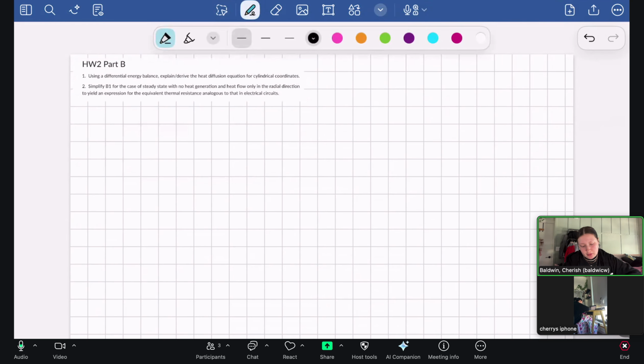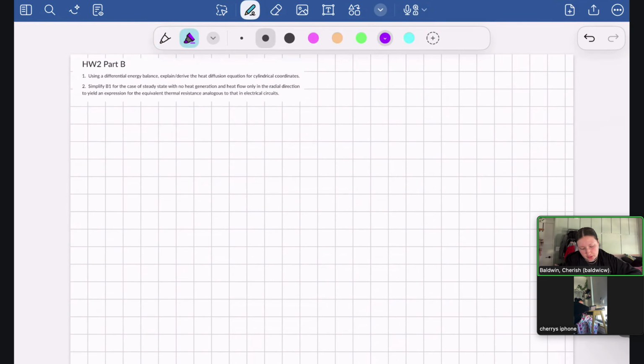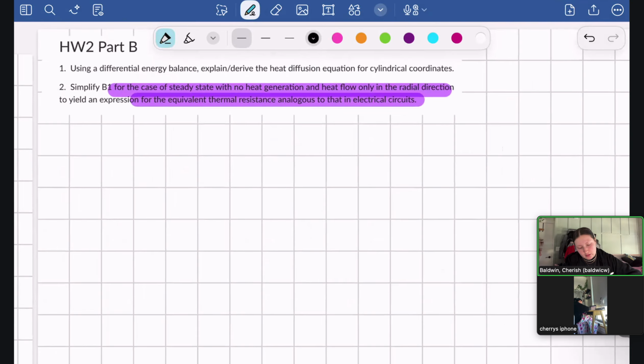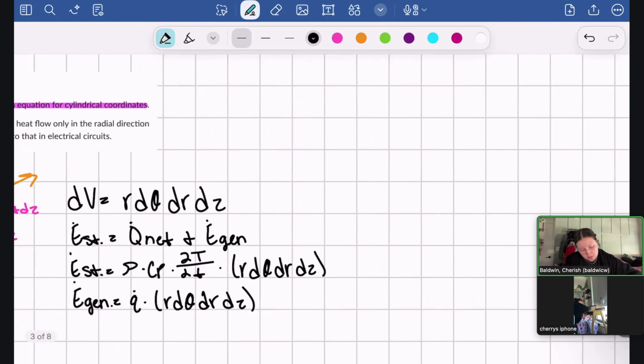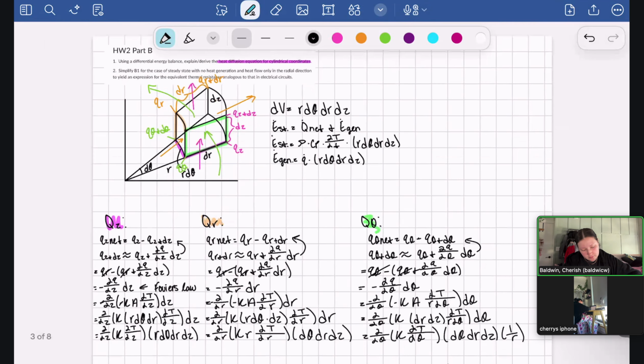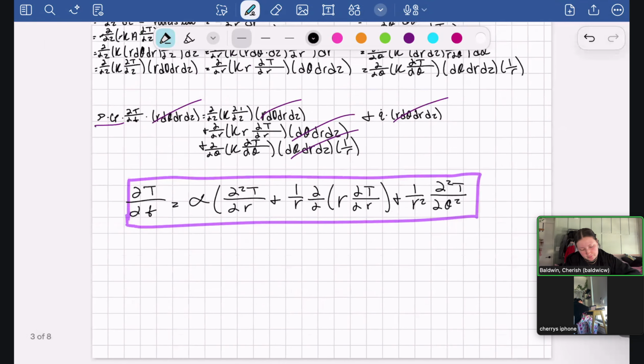Alright, so for this problem, I'm going to simplify the differential heat diffusion equation for a steady state with no generation and heat flow, and find the equivalent thermal resistance. So let's first start with the heat diffusion equation for a cylindrical object, which is gradient of temperature over time.